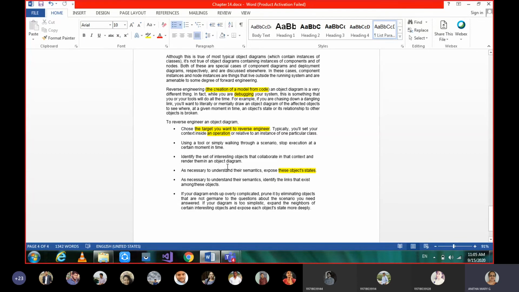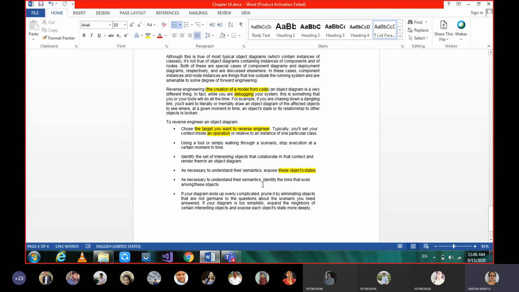Using some tool, we can abstract the scenarios of what is happening, and from that code we can generate the models. As necessary, understand their semantics and expose their object states, whether the object is conveying its static state or dynamic state, and write accordingly.